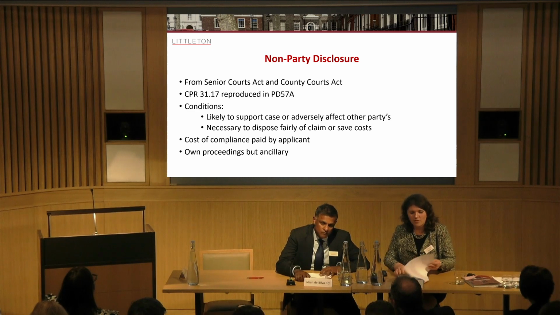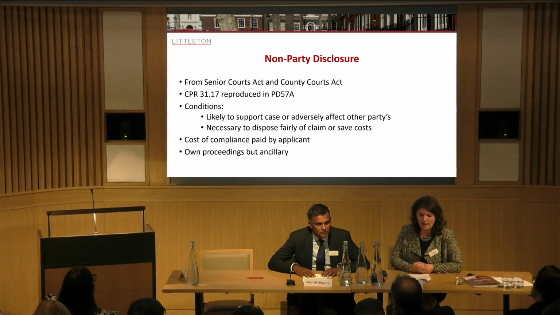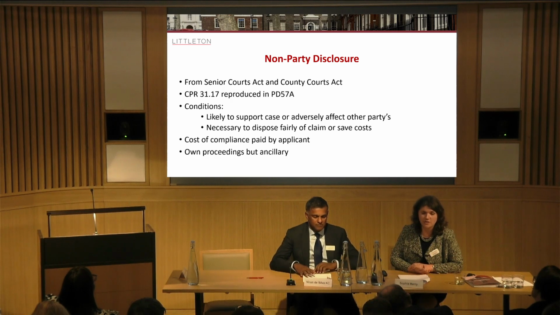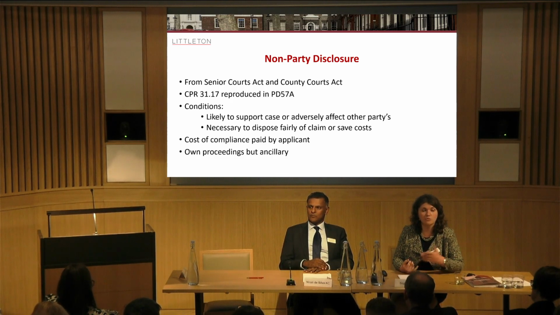We next wanted to cover the issue of non-party disclosure, which may be a really, really important tool for claimants to use in business protection cases, and something that those acting for defendants should certainly be concerned about. The provision that entitles you to get non-party disclosure is contained in CPR 31.17, and it's reproduced within Practice Direction 57AD as well.